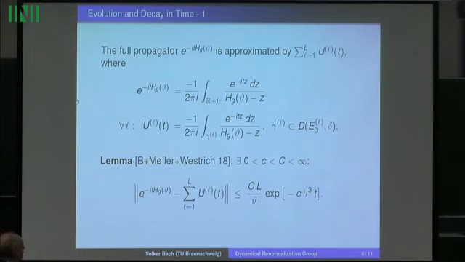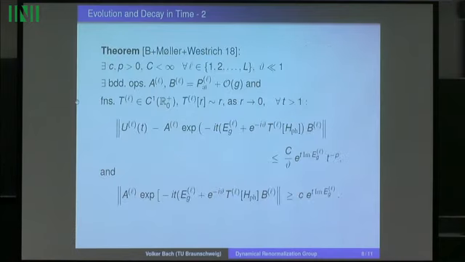So now we study the sum of these propagators U_L of t. And our main theorem is a statement about each of these U_L. Okay, so here's the main theorem.